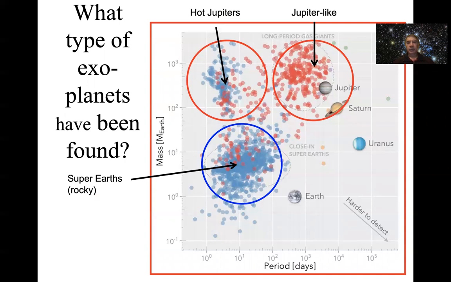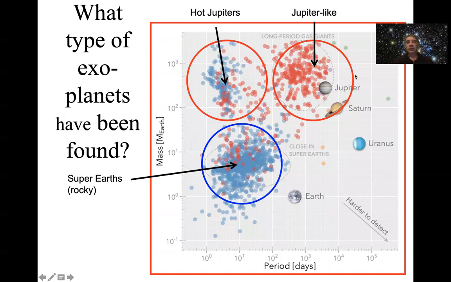If you've got a massive planet close to the star, it's going to cause the star to wobble more, so it's easier to detect the radial velocity variations. If you've got a bigger, larger radius planet, then obviously you get a bigger dip for the transit.